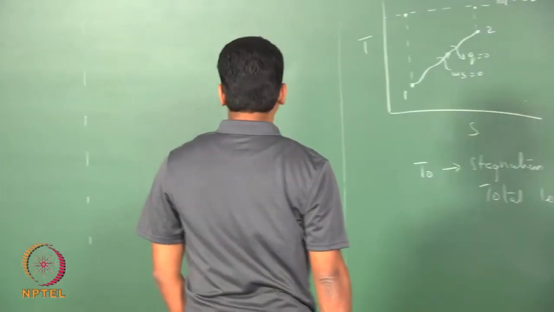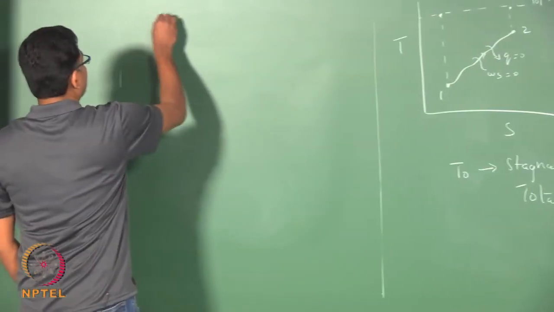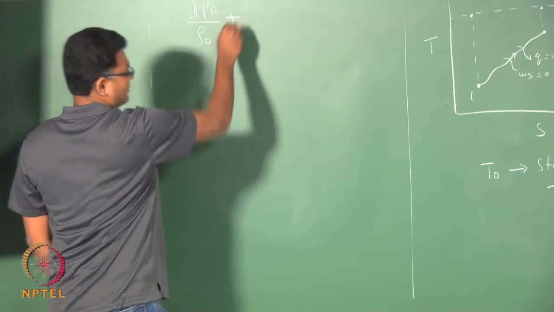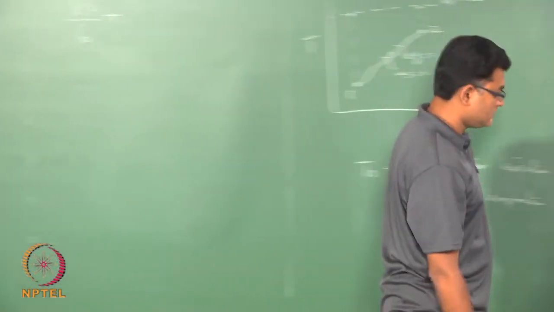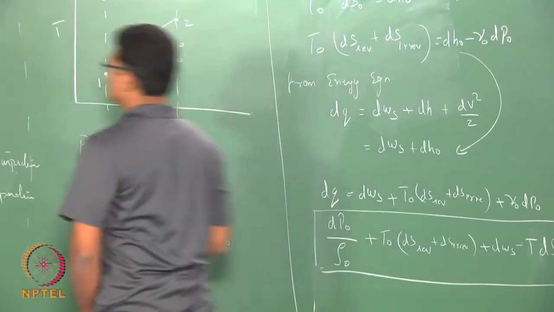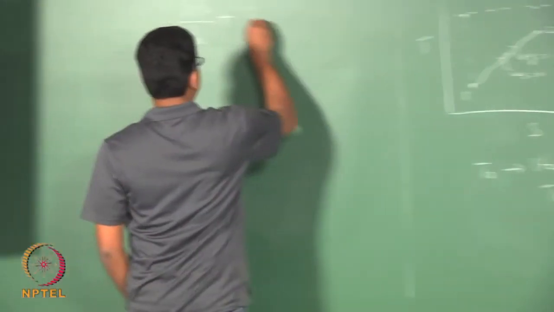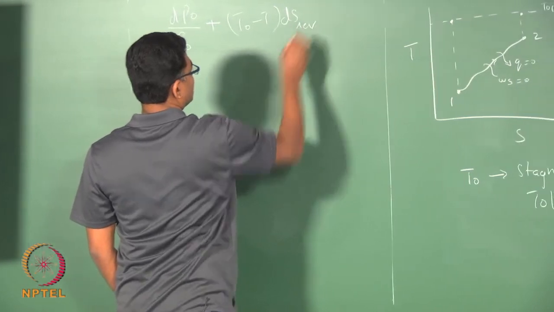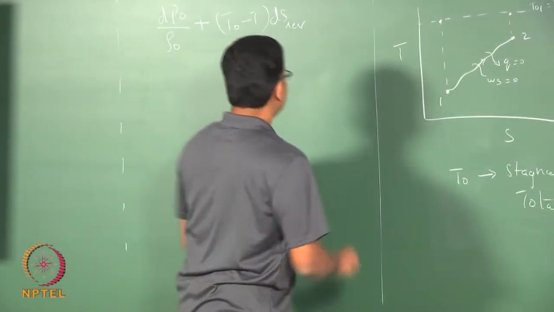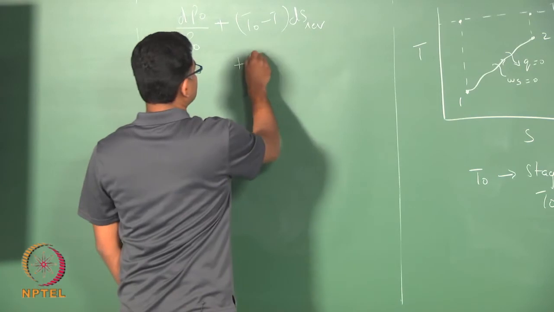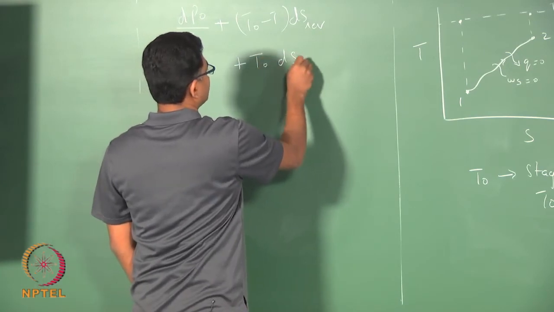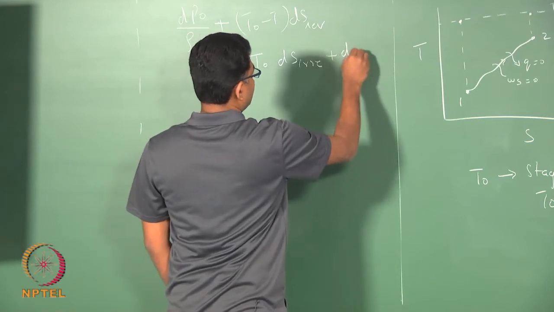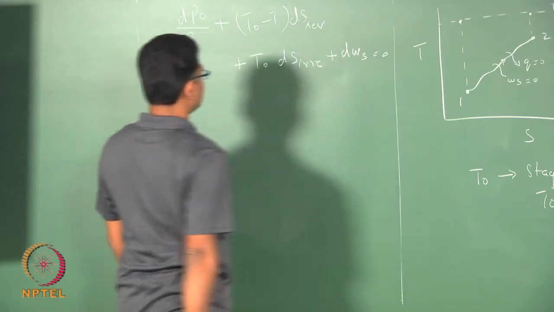So I write this as dP0 by rho 0 plus (T0 minus T) ds reversible plus T0 ds irreversible plus dws equals 0.